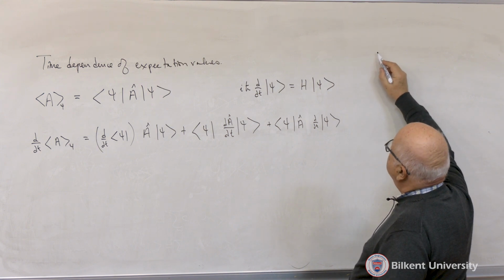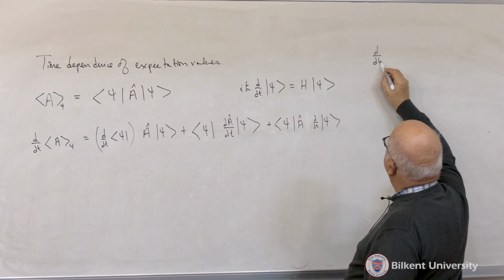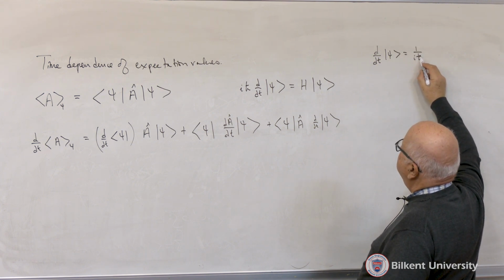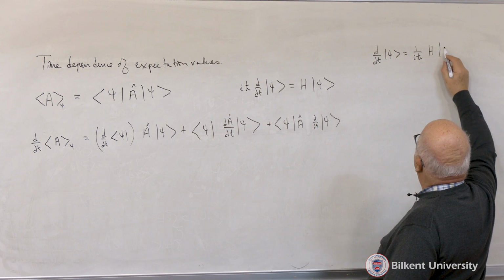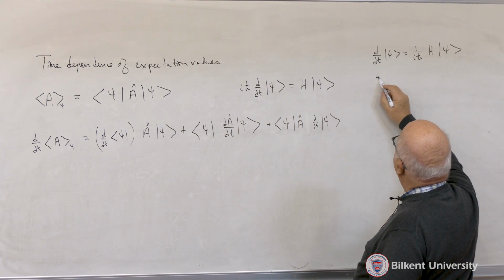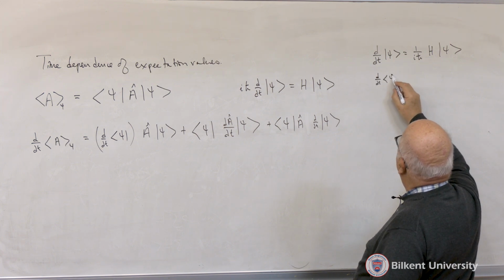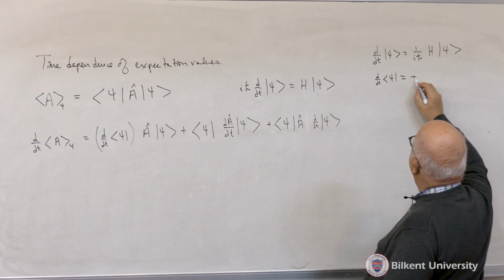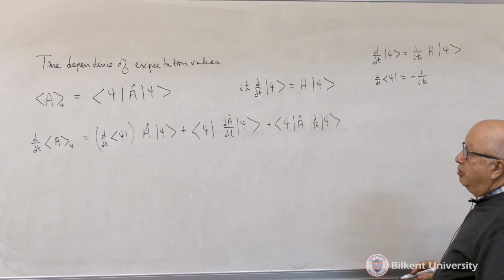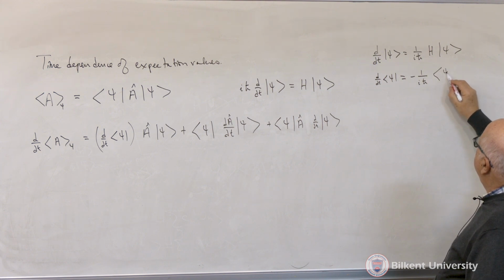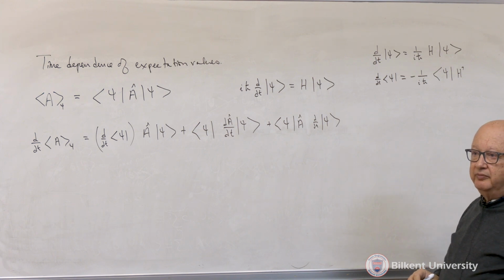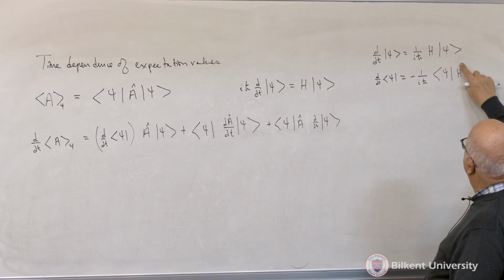Let's just look at the ordinary ket vector first. d/dt |psi⟩ is 1 over i h bar H|psi⟩. If I take the adjoint, then i goes to minus i, remember, i h bar. H goes to H dagger, but H itself is Hermitian, so I don't have to worry about that.